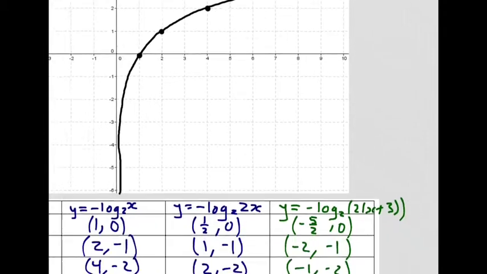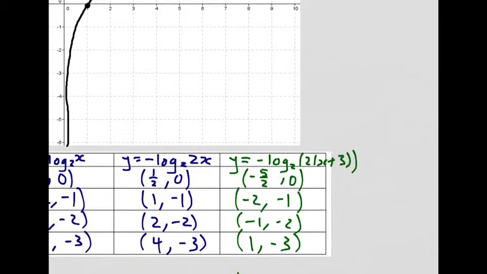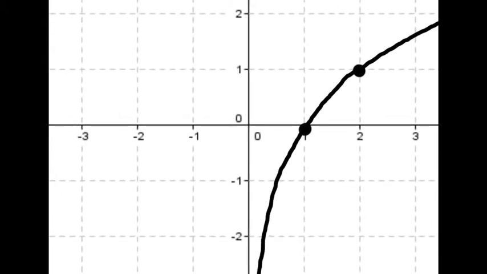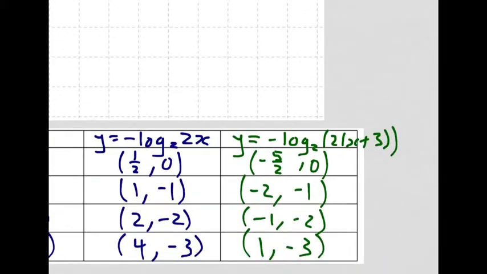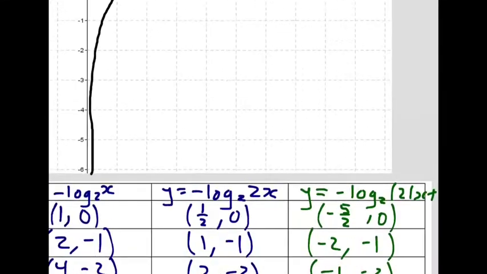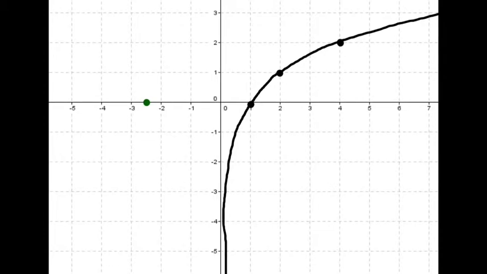Okay, and then the green function, negative 2.5 and 0. That's there. Negative 2, negative 1. Am I going too fast?